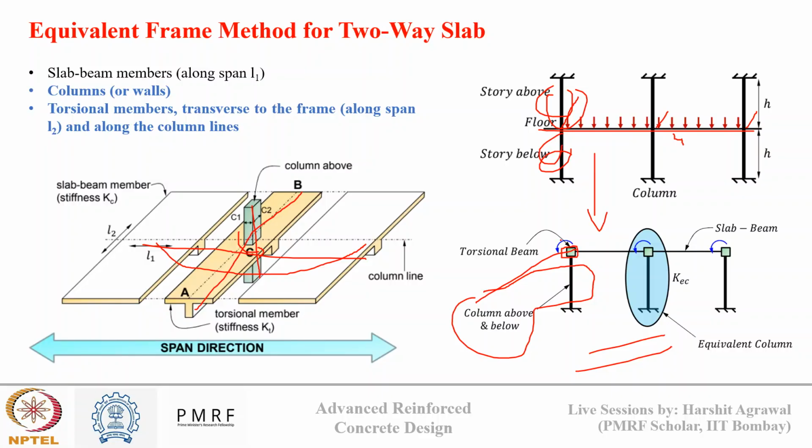This transverse beam and the combined column are combined together to produce an equivalent column. In this equivalent column, we have both columns above and below, and the transverse beam. The stiffness is given as KEC, the stiffness of the equivalent column. So this is how we take columns and the torsional member into account for equivalent stiffness.